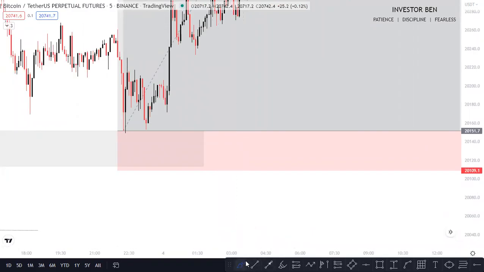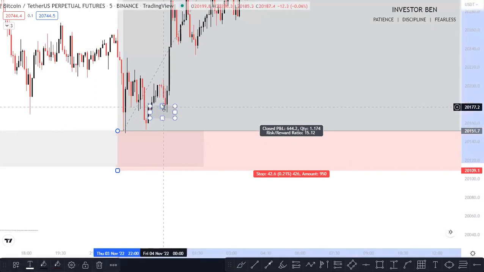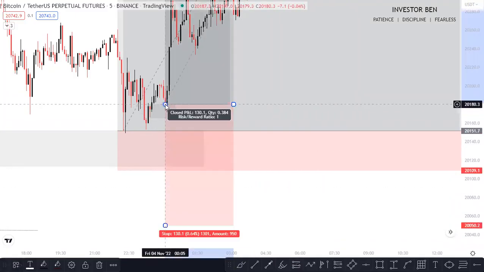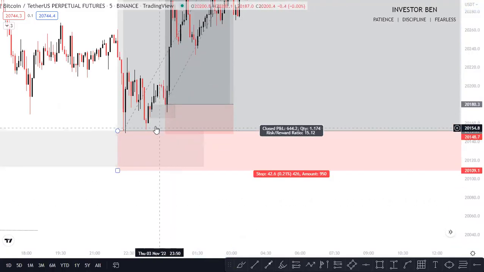So this one is just a confirmation entry. Let's say you don't want to enter from here, you have to wait for price to mitigate this zone, then provide you with a new POI before you buy again. This is just a confirmation entry. You can actually extend this SL in case price drops and mitigates this one.